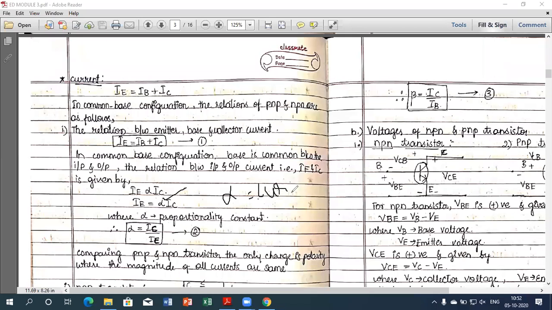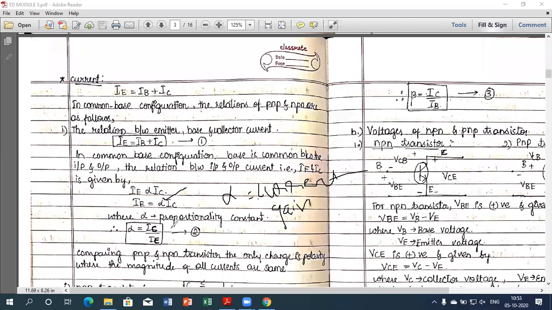Now, you guys remember this, because we are going to use this in solving the problems. So here IE equals alpha into IC, where alpha is the proportionality constant. In other words, we call it current gain.